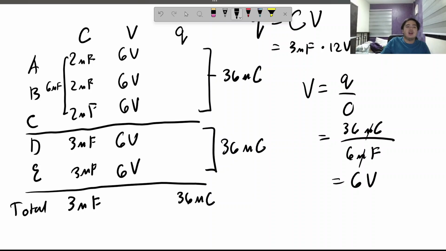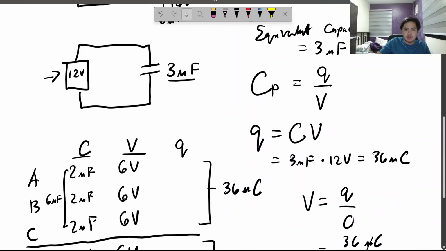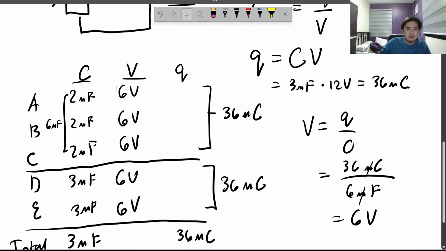Nice. Alright, now that we have Q, now that we have C, and now that we have V, the only missing is Q. Again, the formula for charge is Q equals CV. So we can multiply capacitance times voltage. 2 microfarads times 6 volts is 12 microcoulombs.